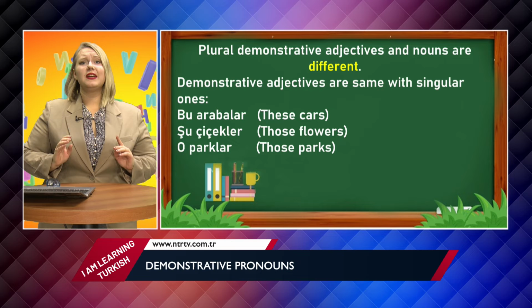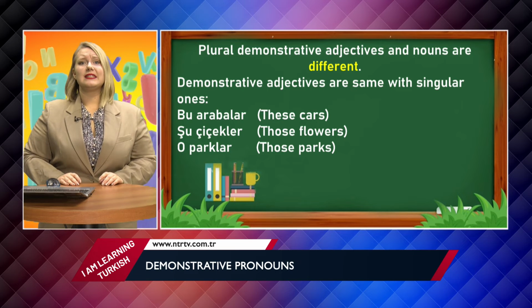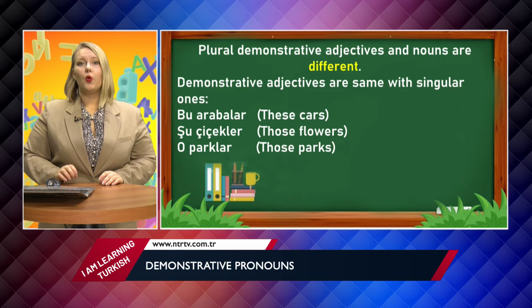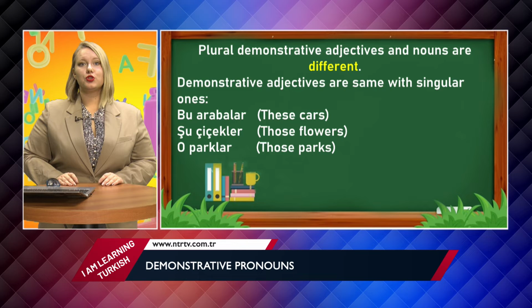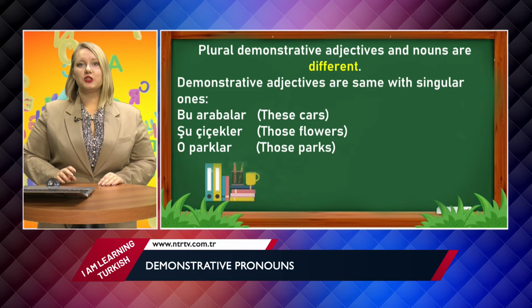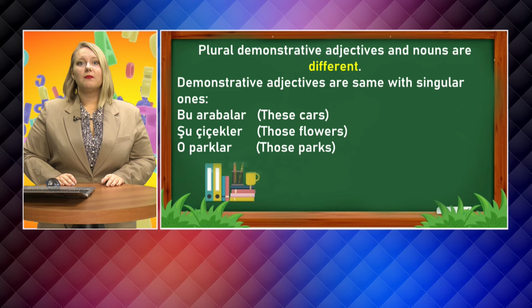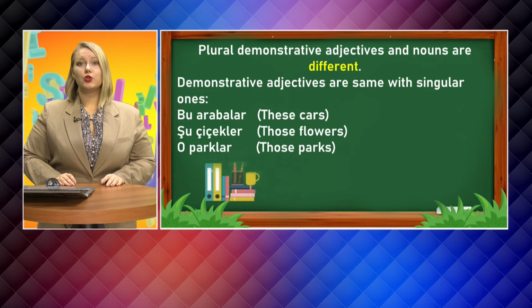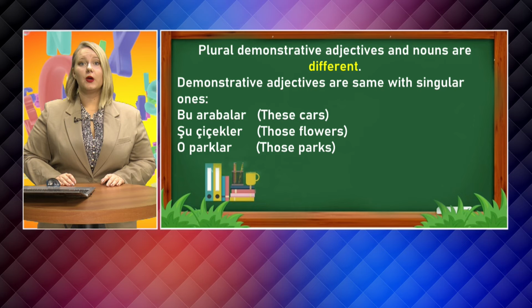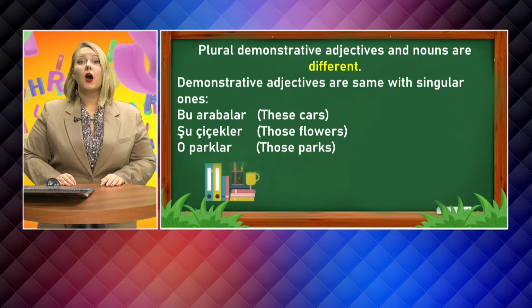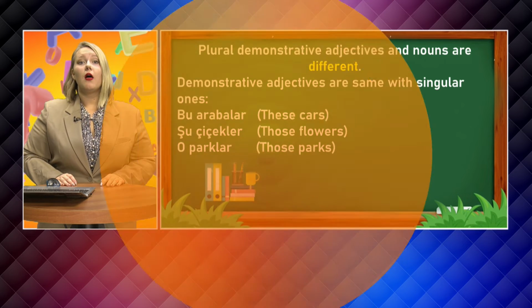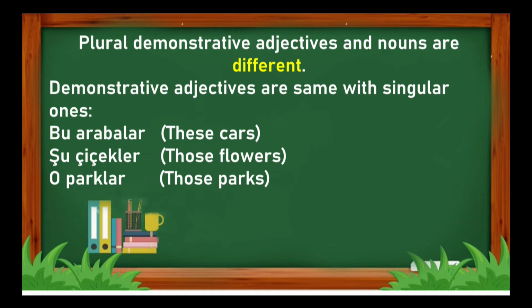Unfortunately, they are not the same as in singular ones. We have bu, şu, and o as demonstrative adjectives again. As an example, bu arabalar, these cars, şu çiçekler, those flowers, and o parklar, those parks.